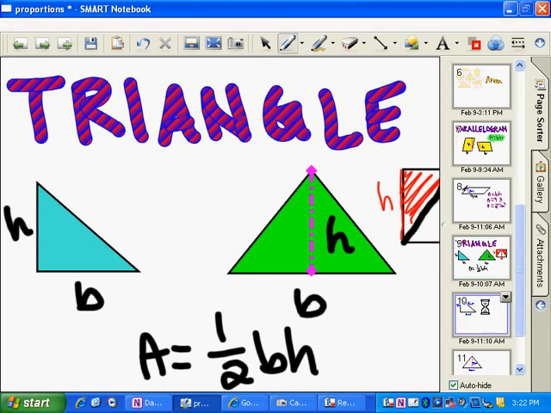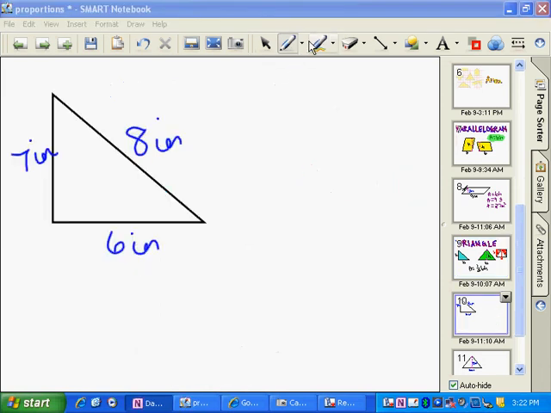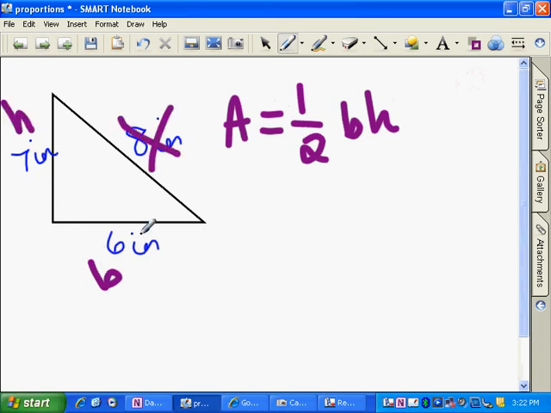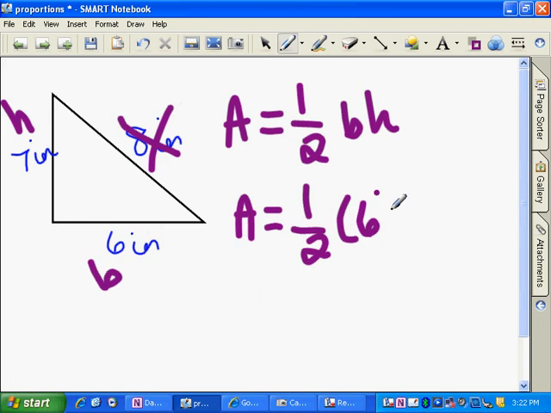I don't know why this is so slow today. Okay, so area is equal to 1/2 of base times height. I'm going to say this is my base, this is the height. This is extra information. I don't have to use it. Just because it's there doesn't mean that I have to use it. So area is equal to 1/2 of, my base is 6 and my height is 7.